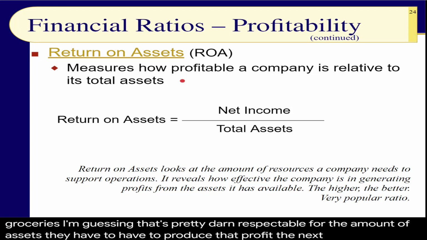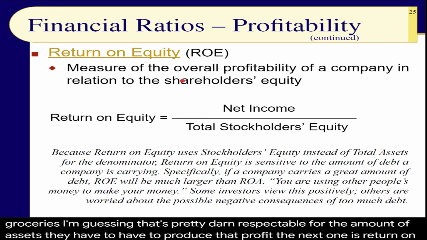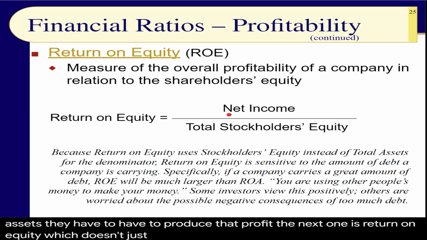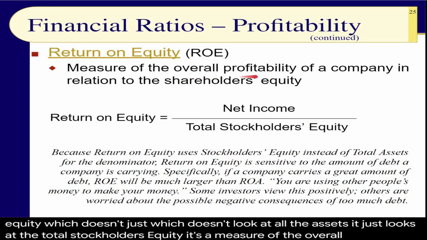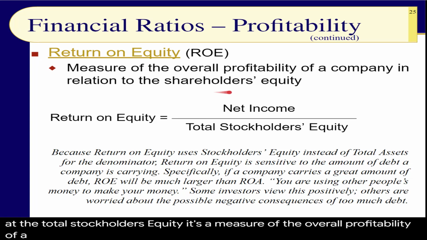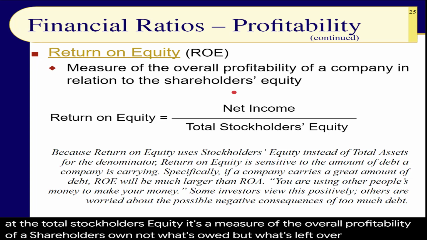The next one is return on equity, which doesn't look at all the assets, it just looks at the total stockholders' equity. It's a measure of the overall profitability of a company in relation to what the shareholders own. Not what's owed, but what's left over.